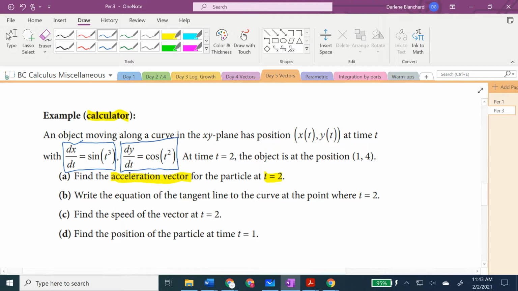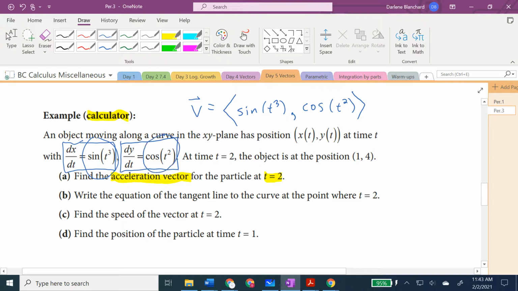That means the velocity vector is these two functions in this order. To find the acceleration vector, I need to take the derivative with respect to time of dx/dt and the derivative with respect to time of dy/dt.